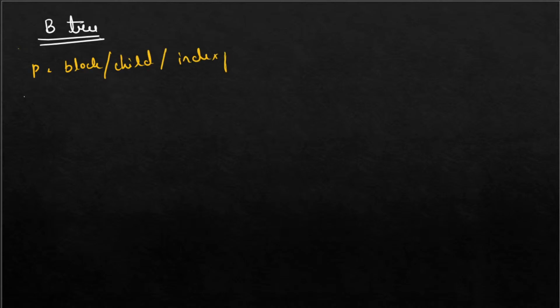So B tree, so this P is block, okay, child or index pointer. This PR is record or data pointer.